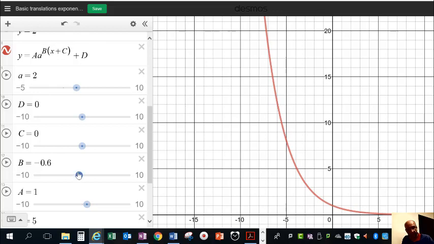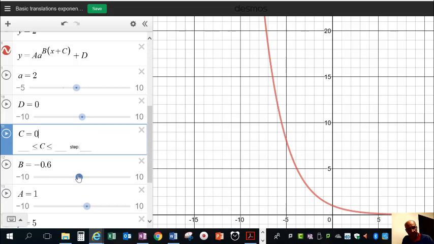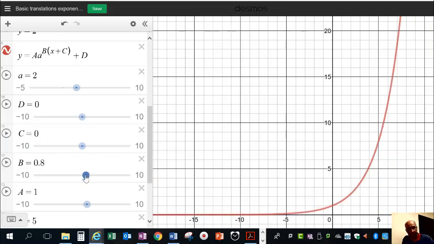You can see that with negative 0.6. It's a decay function. But once b is positive, it dilates it.